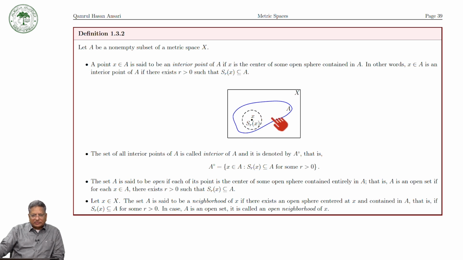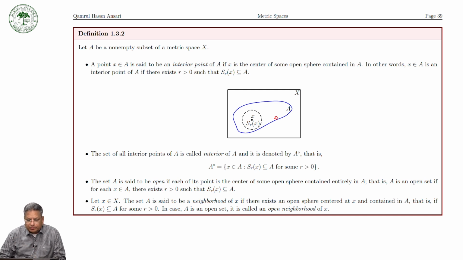For example, I am considering a point here. Whether this is an interior point or not: yes, this would be an interior point. Why? We can find a radius r. You can treat r as less than the distance from this point to this boundary point, and then you can take a very small one like this.